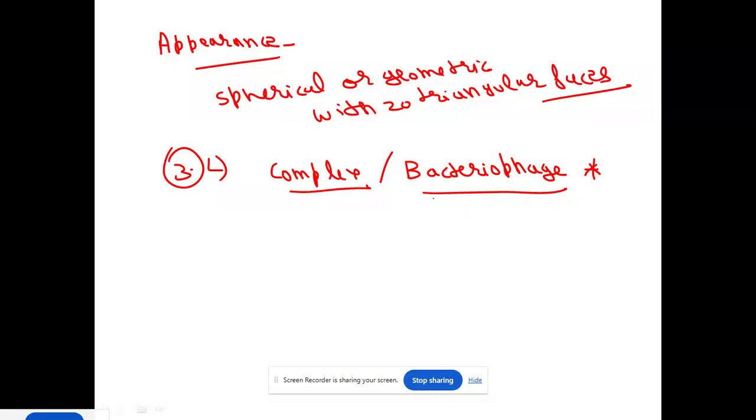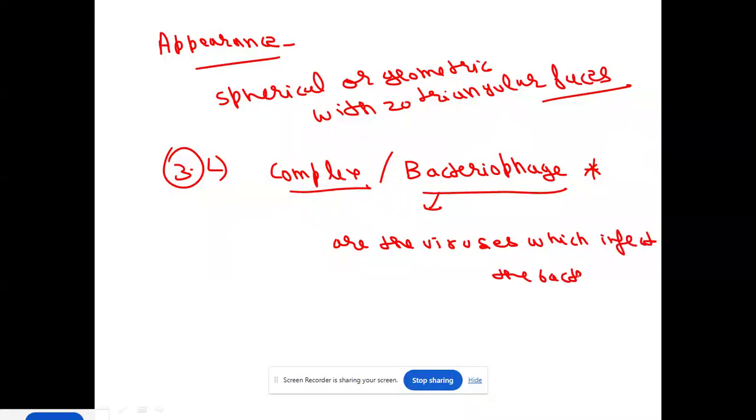Bacteriophages are simply the viruses which infect bacteria. As the name itself indicates, bacteriophage means the viruses which cause infection in bacteria.